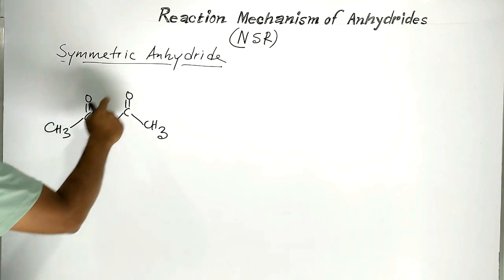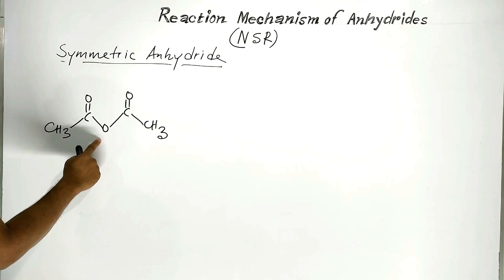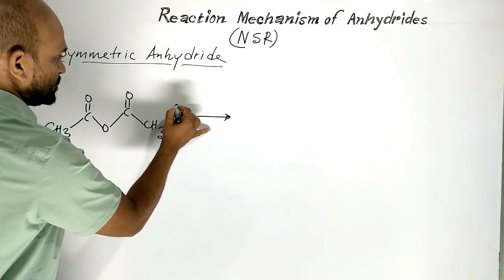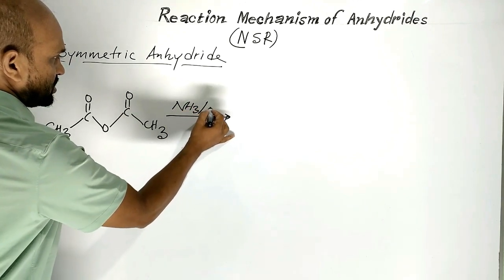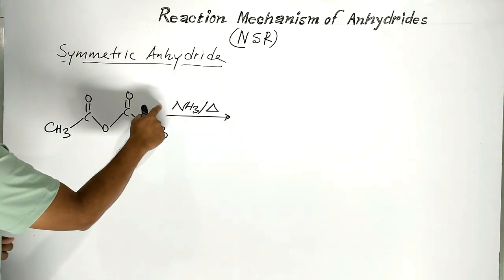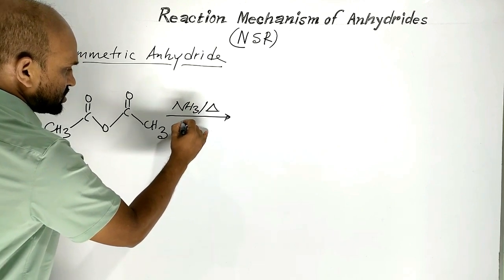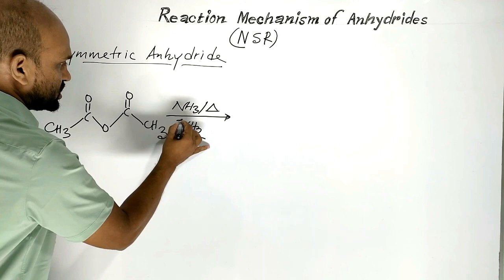To know the mechanism of anhydrides reaction, symmetric anhydride, ethanoic anhydride is treated with ammonia and the reaction is operated by heating. Simply splitting of ammonia, dissociation of ammonia can be shown in this way.